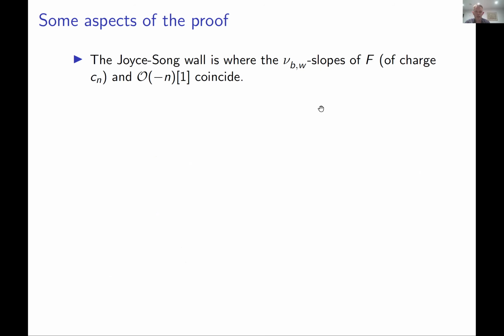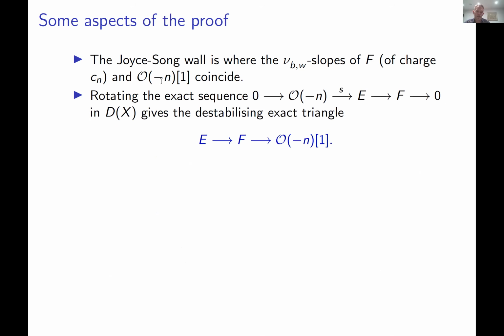So the Joyce-Song wall is where the slopes of our F and this sheaf O(-1), actually the complex where it's been shifted, coincide. So let me say what happens on this Joyce-Song wall. What happens is basically that exact sequence I gave you at the start. So remember, we took an E, we took a section, and we took its co-kernel. That's not quite what happens. What happens is in the derived category, you can rotate this triangle.